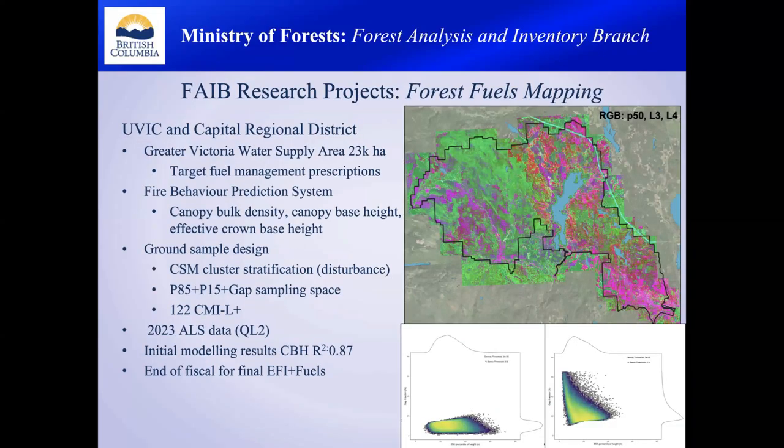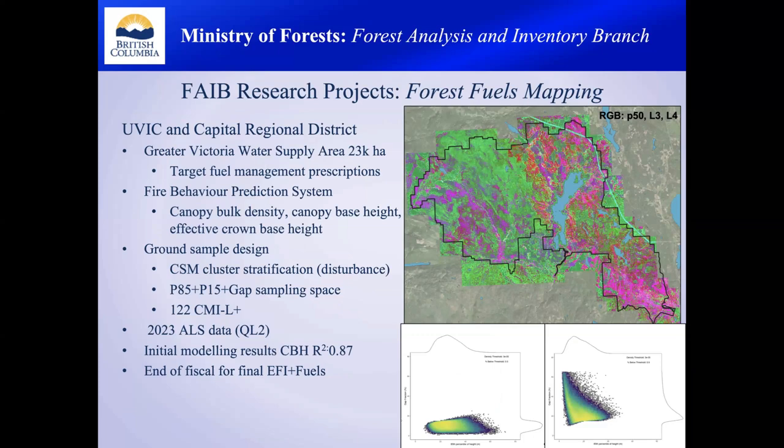And then I'm going to touch on some of the projects that we have going. One is a forest fuels mapping project. So this is a sponsored research agreement with the University of Victoria and the local municipal government, the Capital Regional District. It's a much smaller extent for this project relative to our usuals.